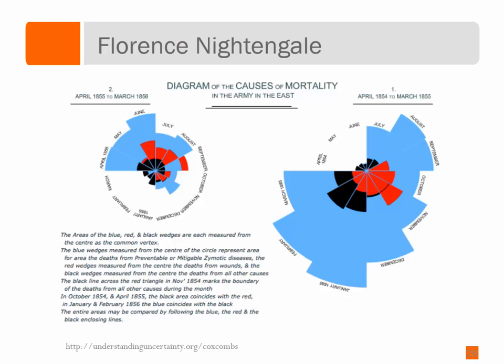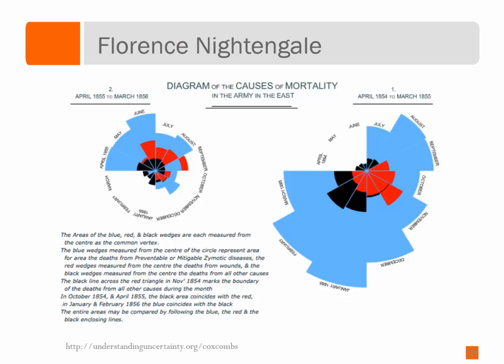You'll see that time works on the radius. So we have April, May, June, July, August, September, October, November, December, January, February, March. So you can see basically a slice of pie or a radius for each one of these months.